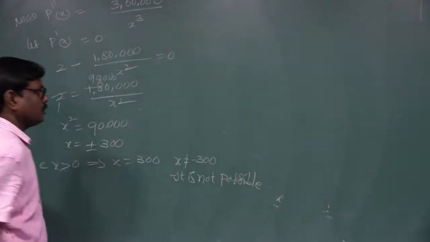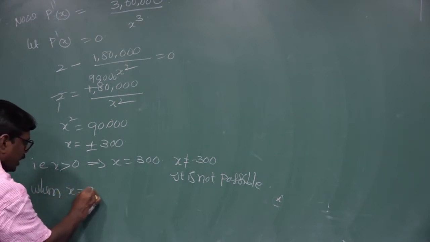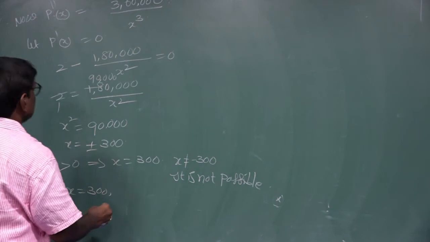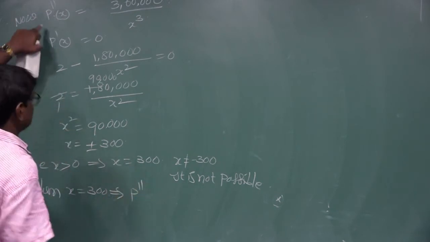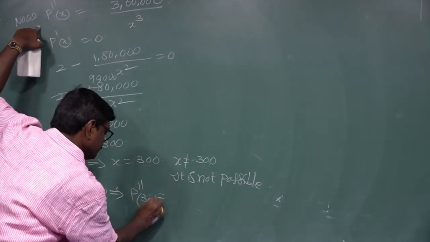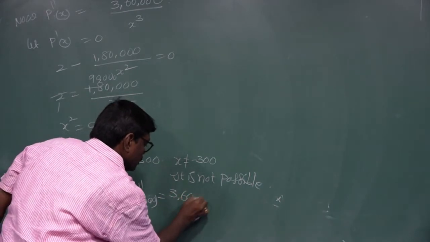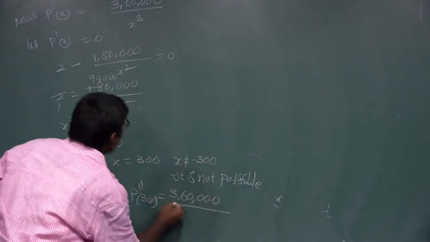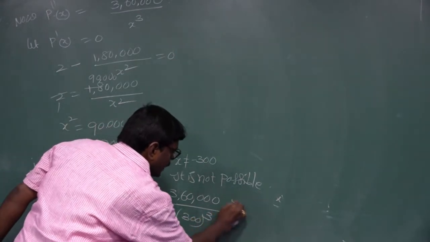When x equal to 300 implies P double dash 300 equal to 3,60,000 by 300 whole cube, greater than 0.